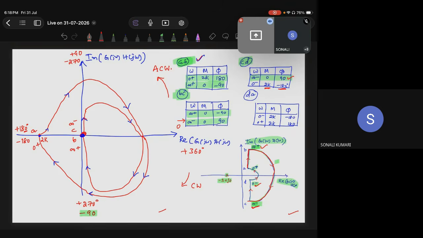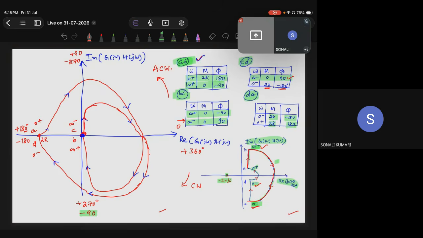So C goes like this, and this is D. This is 0 plus, and this is D, 0 minus. Clear? Now you can see DA point is exactly 2K minus 180, 2K plus 180. Is this clear?